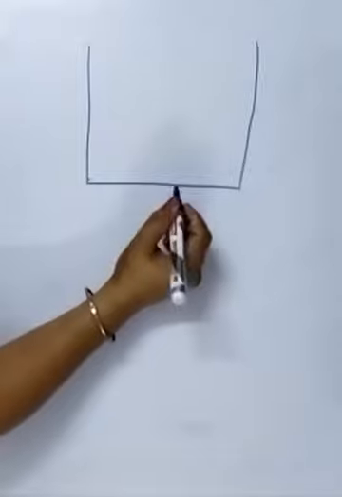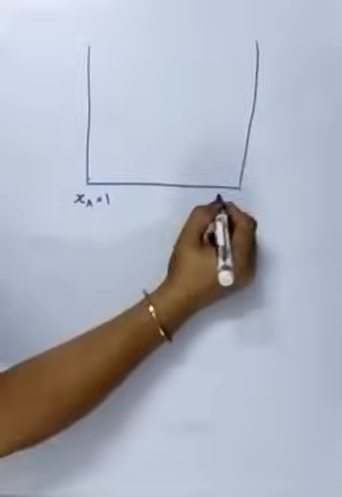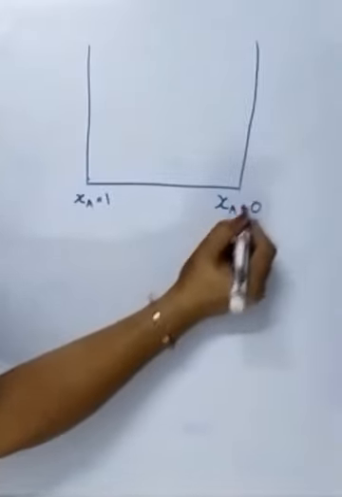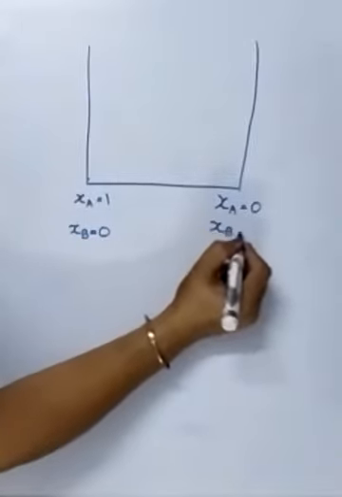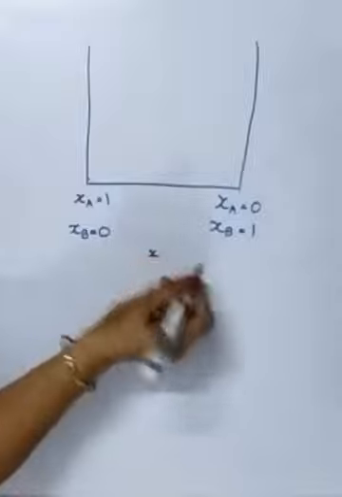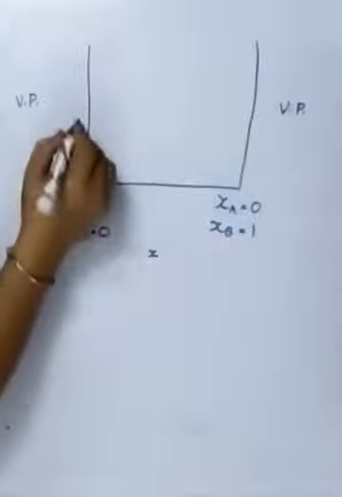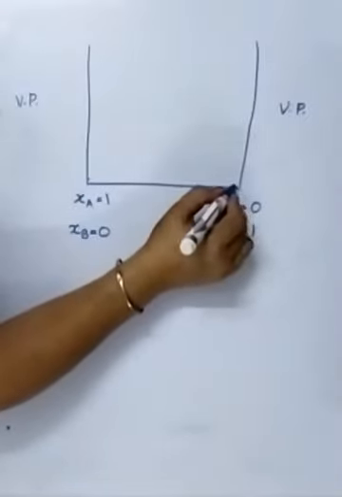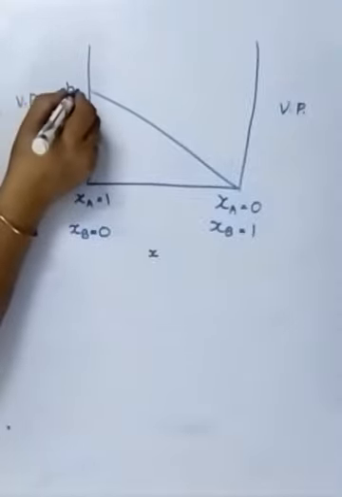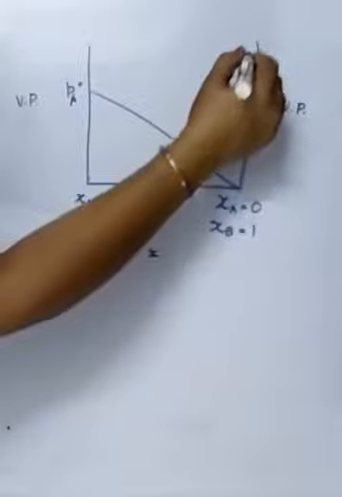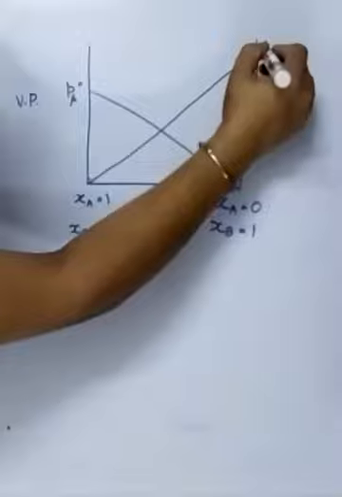Here Xa equals 1, here Xa equals 0, here Xb equals 0, here Xb equals 1. Here X is plotted, here vapor pressure is plotted. So we have seen with the increase in mole fraction, there will be an increase in the vapor pressure. This is Pa naught. Similarly for Pb, this is Pb naught.